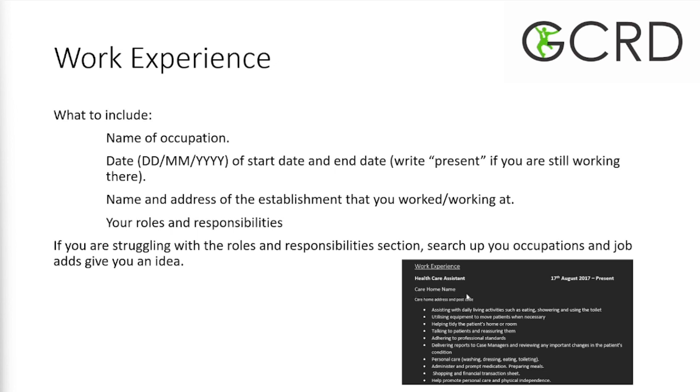Also include the name of the company you worked for and also the address of the company you worked for. Make sure you include the postcode. And finally, include your roles and responsibilities. If you're struggling to find roles and responsibilities to include in this section, you can always just search up your job on job ads and it will give you an idea of what companies look for in these occupations to help you understand what roles you did.